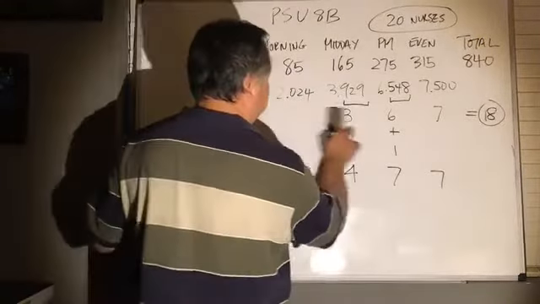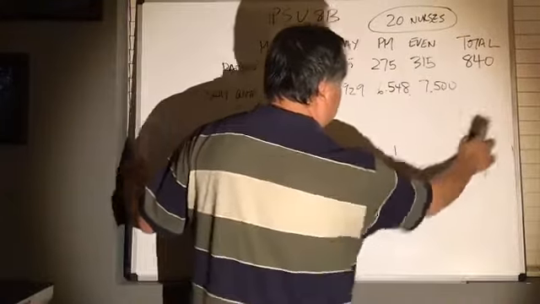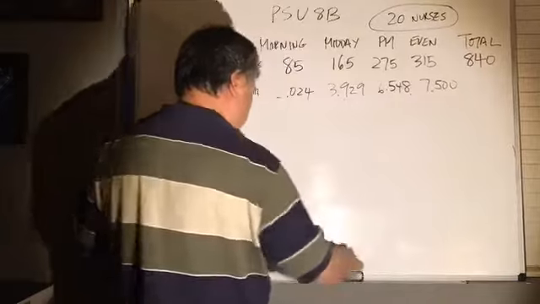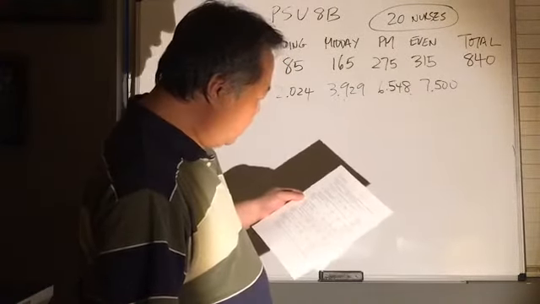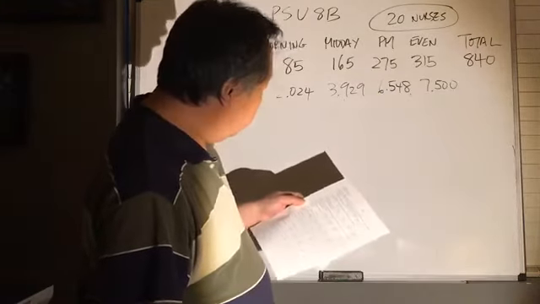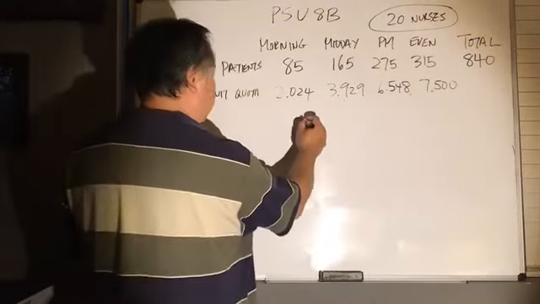Now, that's the easy one. Next one is the Jefferson method. For Jefferson's method, you are still going to round down. All right? We're still rounding down.